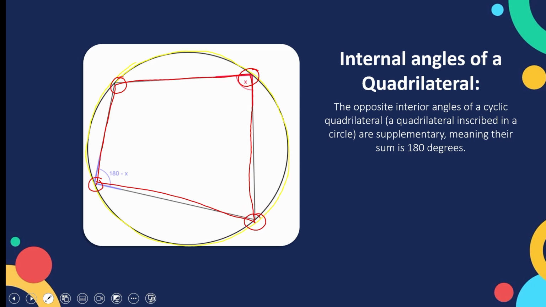The only time that this doesn't apply is when the examiner expressly says to you in the question that this shape A, B, C, D is a cyclic quadrilateral, and you look and go, but hang on, those 4 points aren't on the circumference.